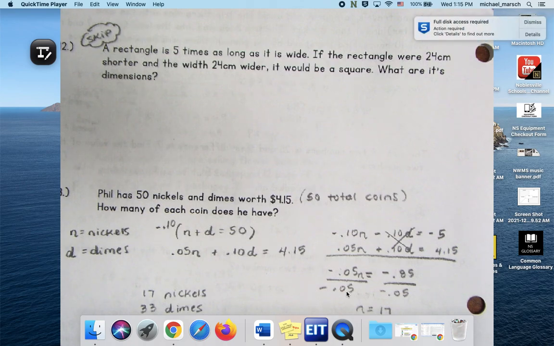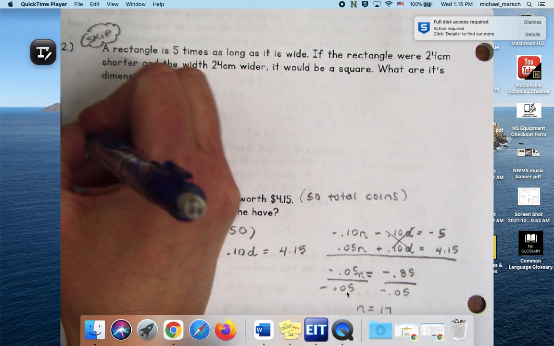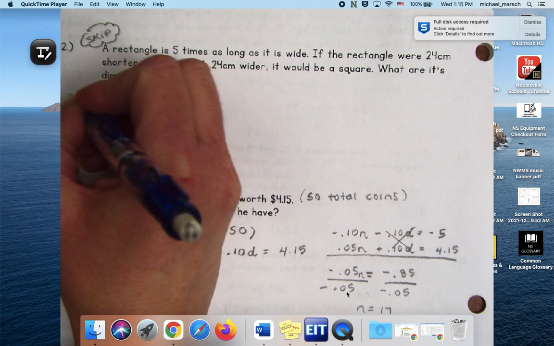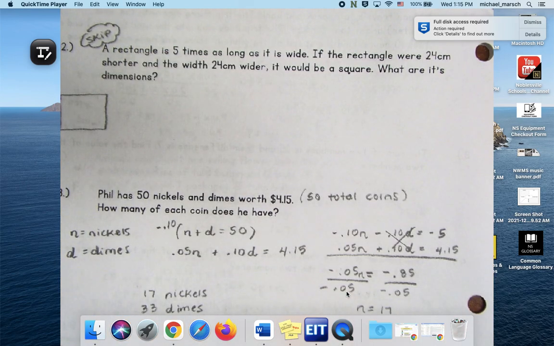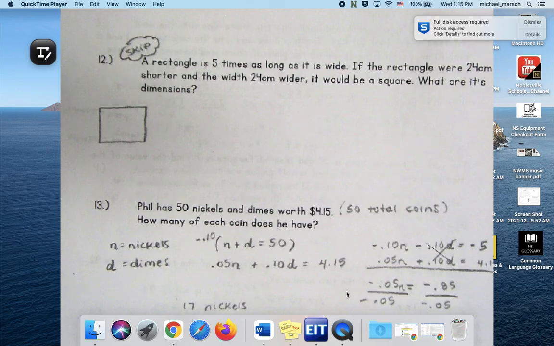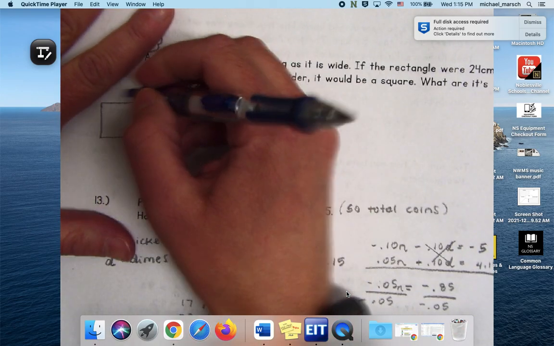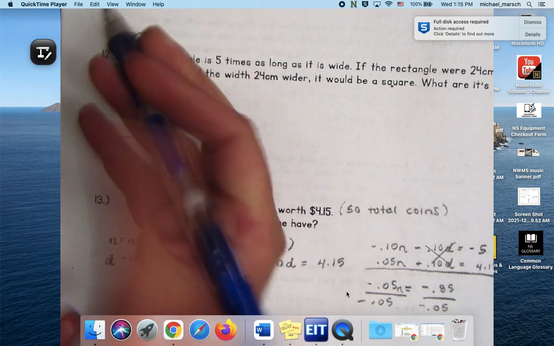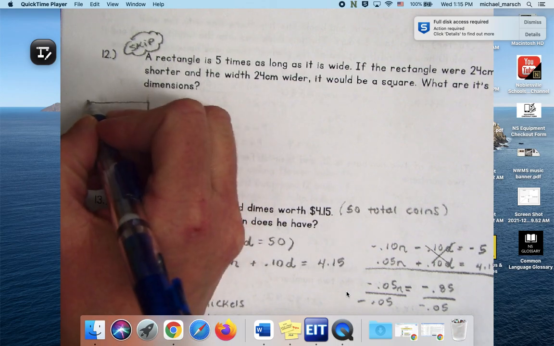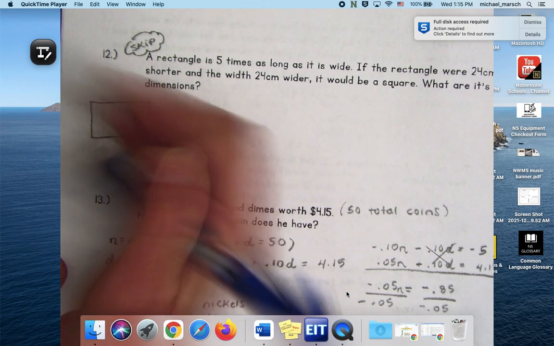So the first thing we're going to do here is draw a rectangle, and we're going to use the information. Let's make it a little bit more obvious.